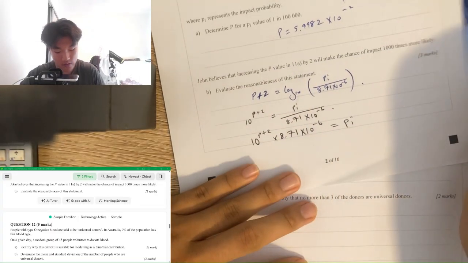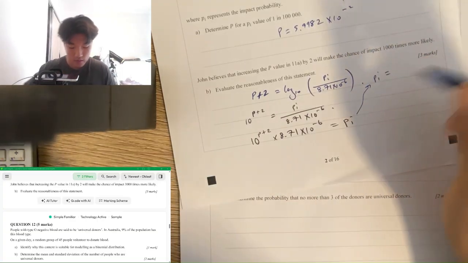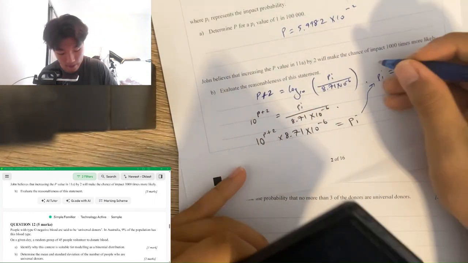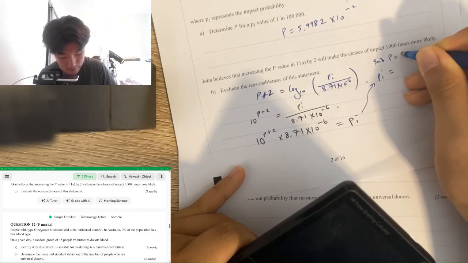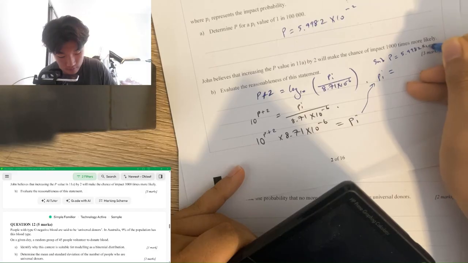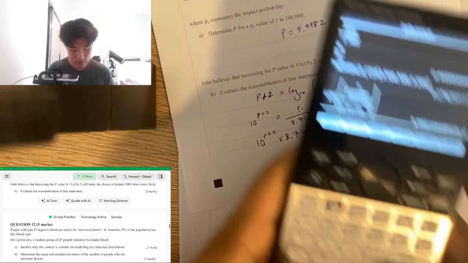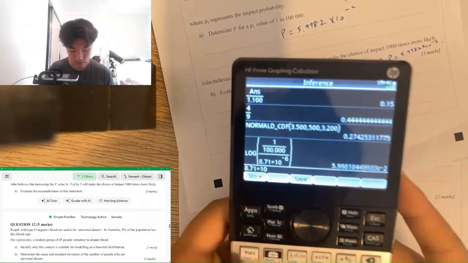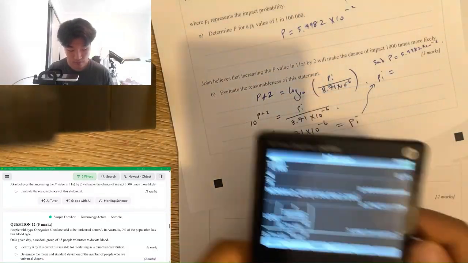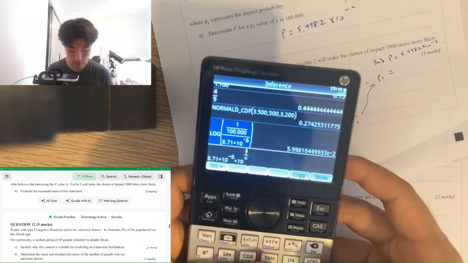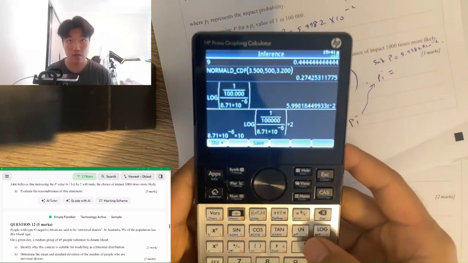And then what we do is we sub in this value. 8.71 times 10 to the negative 6 times 10 to the, this is the p-value, so I'm just going to sub in that expression here. Yep. And then we add 2 to this.